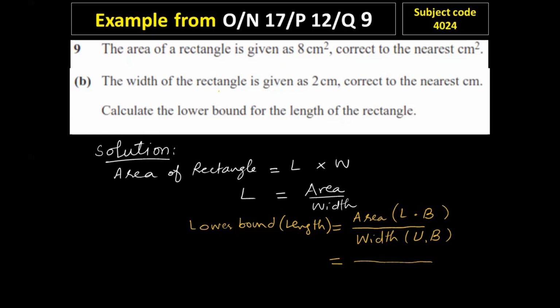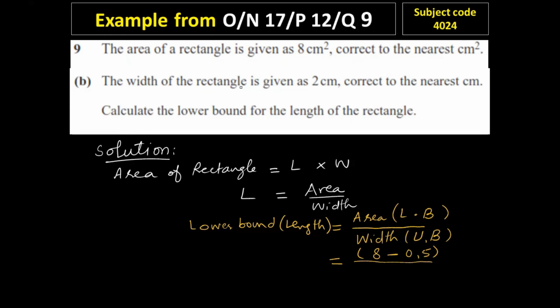The lower bound area: 8 centimeters square is the actual value, and the nearest 1 centimeter square means 1 over 2, 0.5, is the error. So the actual minus the error is 8 minus 0.5, divided by the upper bound width.